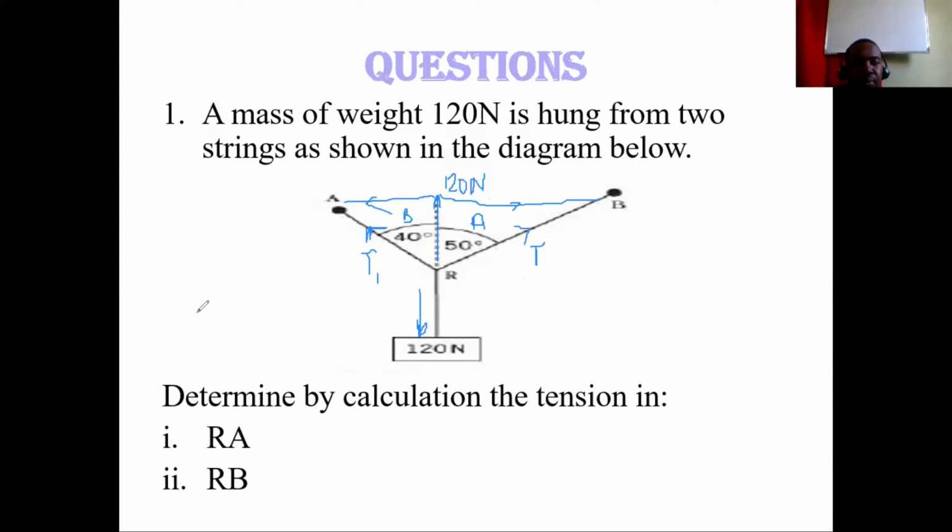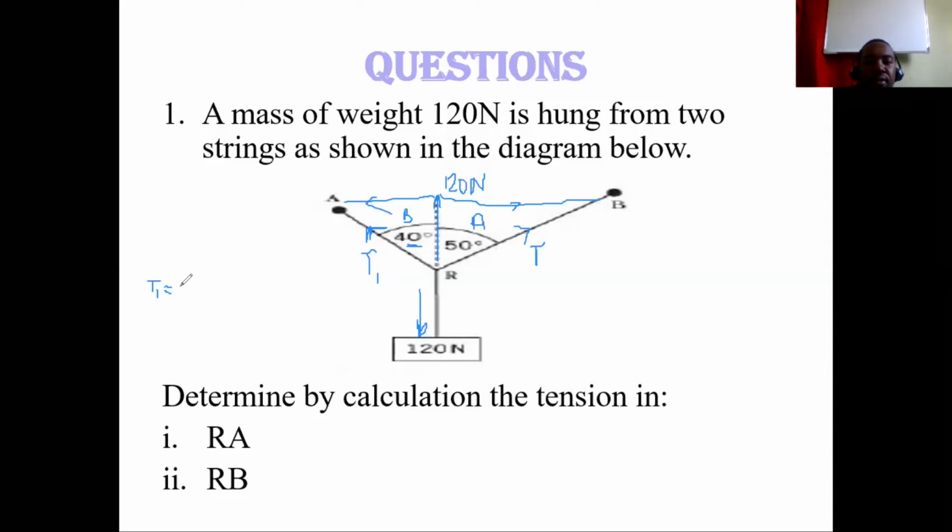So tension 1 would be equal to... what do we have for this side? We have cos. This is the angle 40, and we have the side that's adjacent to it, so that means it would be cos.